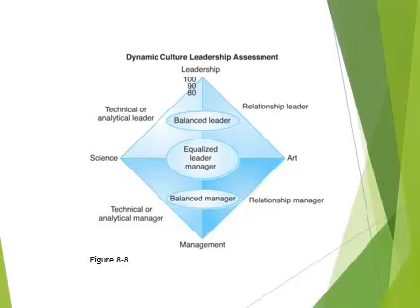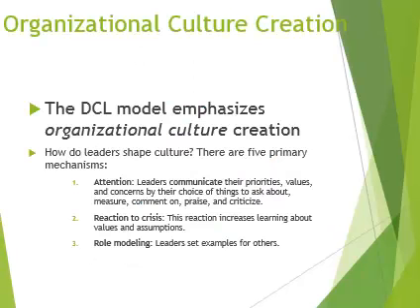Those who have higher analytical skills will be more towards the science, and those who have a higher relationship skills will be more towards the art. Someone who's an equalized, balanced leader and manager will have high abilities in both leadership and management, and understand the art and science of leadership.